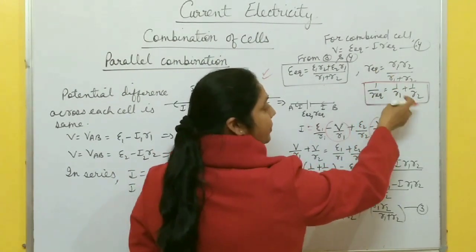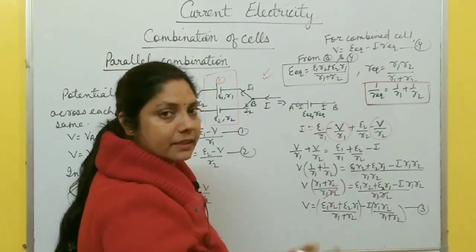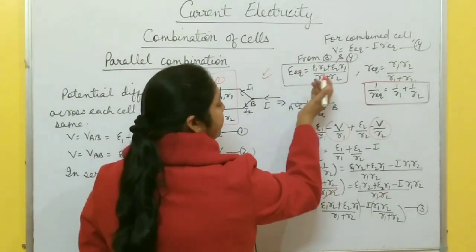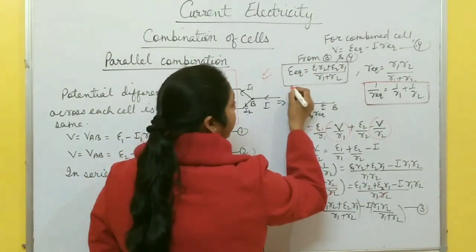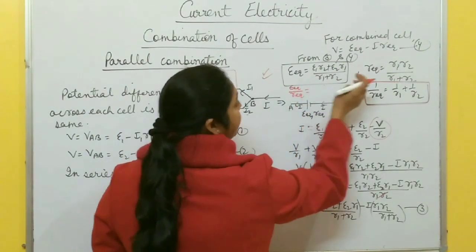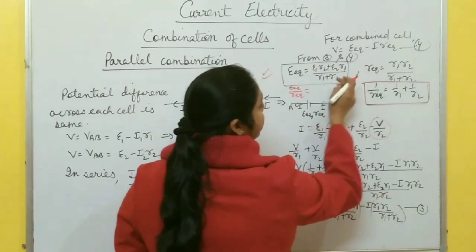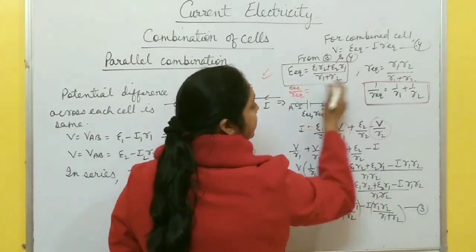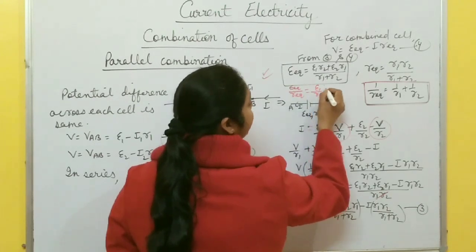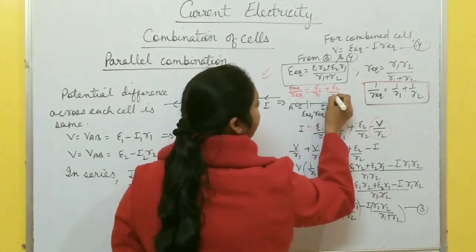Here R equivalent is R1 R2 by R1 plus R2 as in the case of parallel, whereas in series it is R1 plus R2. And you can also write this in another form, E equivalent by R equivalent. When you divide these two equations, the R1 plus R2 cancels, and the equation becomes E1 by R1 plus E2 by R2.